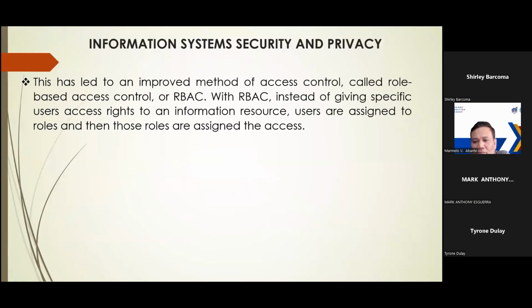So this has led to an improved method of access control, what we call role-based access control, or RBAC. With RBAC, instead of giving specific users access rights to an information resource, users are assigned to roles, and then roles are assigned the access.